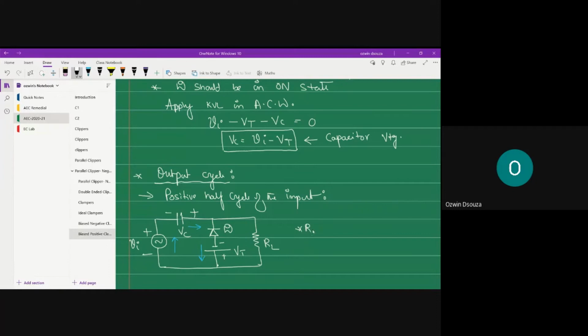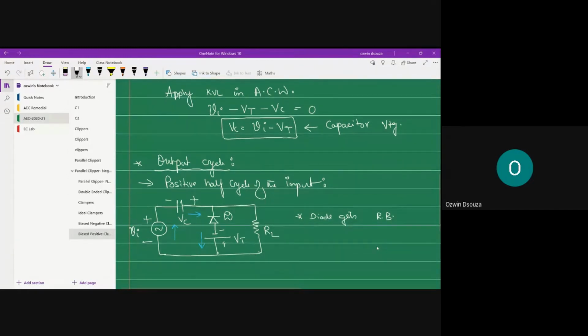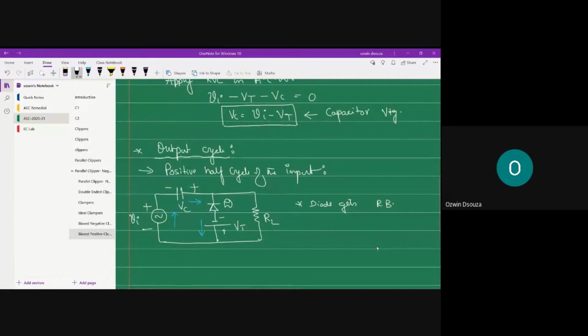So the diode gets reverse biased. See, again and again I'm repeating this. If at all you have understood the clamper logic, you don't have to write again and again that the diode is reverse biased.